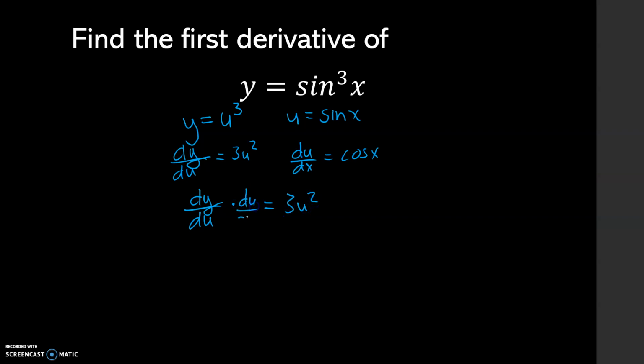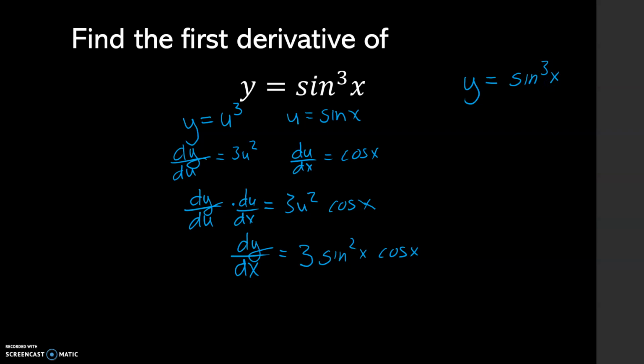which means dy over du times du over dx would simplify to dy over dx equal to 3 sine squared x cosine x. Let's pretend this is a different timeline and we were just given y equals sine cubed of x.